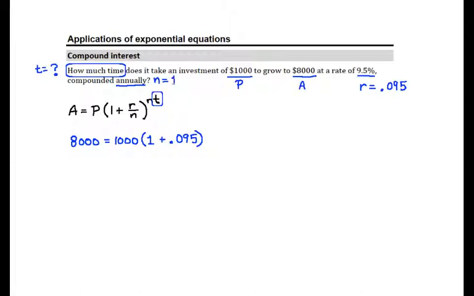Annually means n is equal to 1, which means we can essentially ignore the n's in this particular formula, since multiplying by 1 and dividing by 1 both have no effect. So this is the equation that I get, and I'm going to go ahead and simplify the base of this exponential piece here. 8,000 equals 1,000 times, that's the same as simply 1.095 to the t.